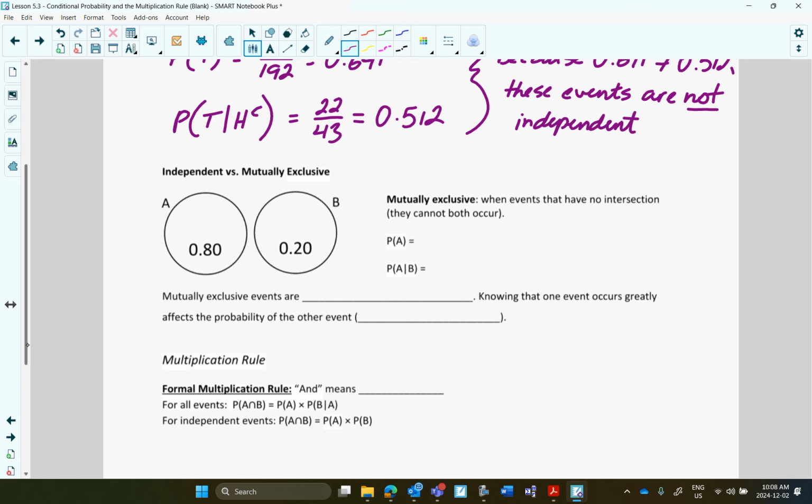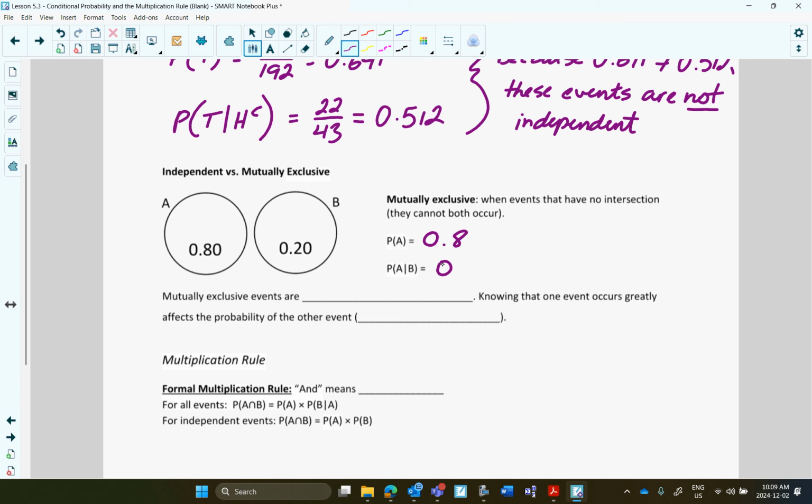And what's the probability that A occurs? 0.8. Okay. Now this is where you've got to wrap your head around it a little bit. What's the probability that A occurs given that B has occurred? 0. It's nothing.